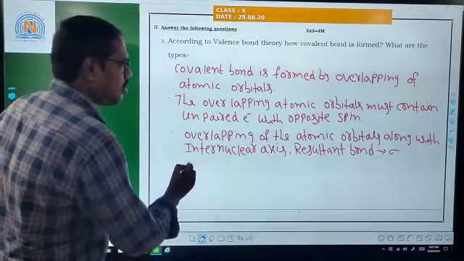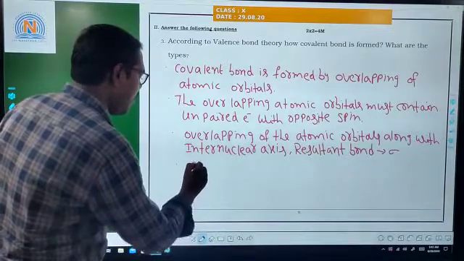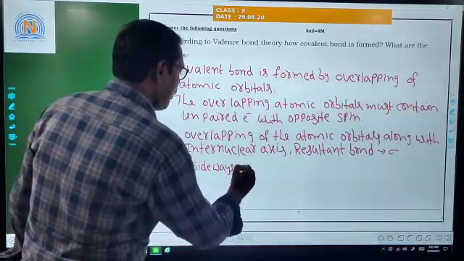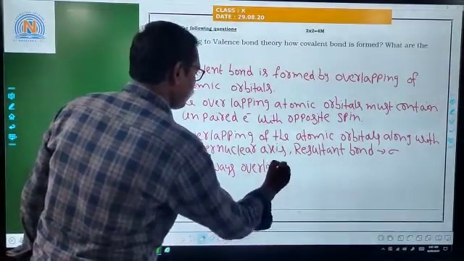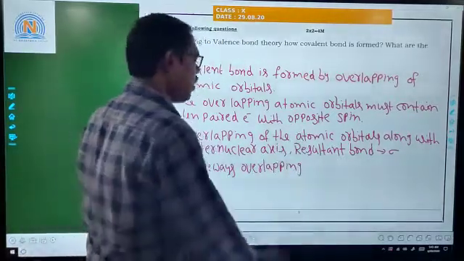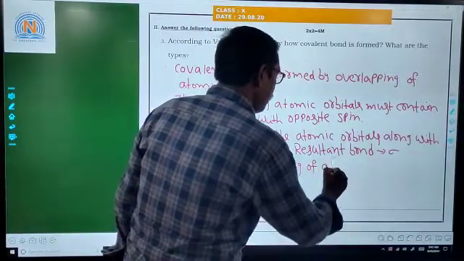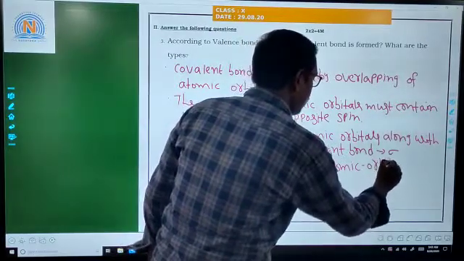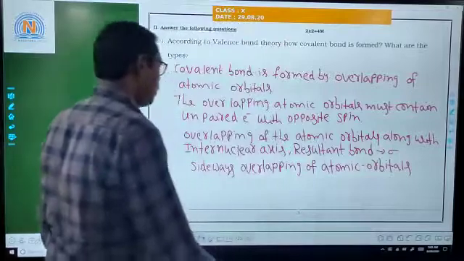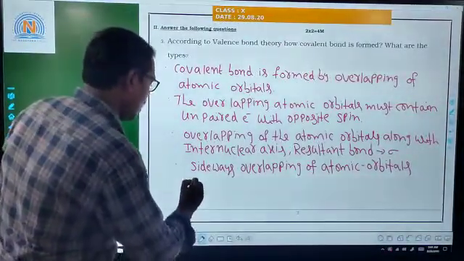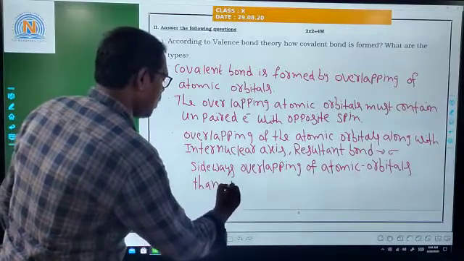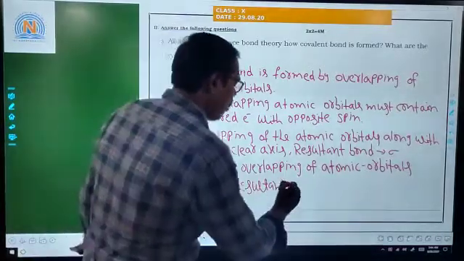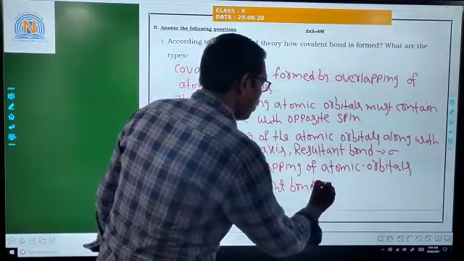Overlapping of atomic orbitals sideways, that means sideways overlapping of atomic orbitals, then the resultant bond is called a pi bond.